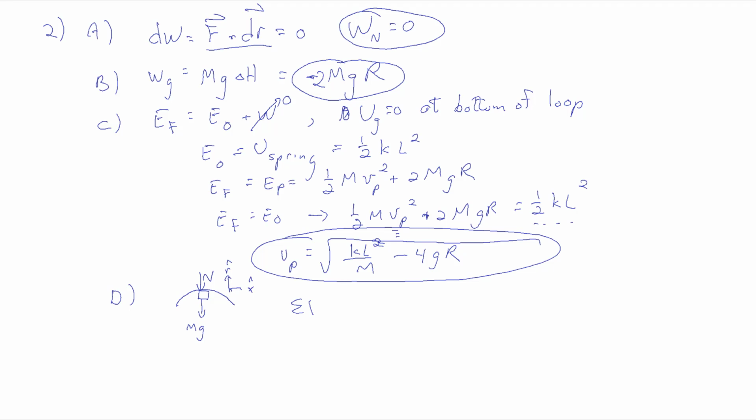So the sums of the forces in my r direction, well, I've got a negative n, a negative mg, because those both point in the negative r direction. Those have to sum to m vp squared over r. And we know that because those two forces have to supply the centripetal force, which supplies the centripetal acceleration, which is v squared over r.